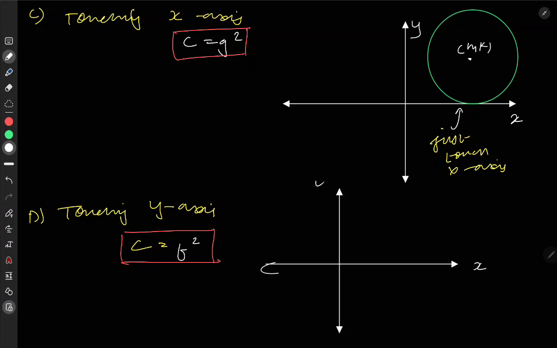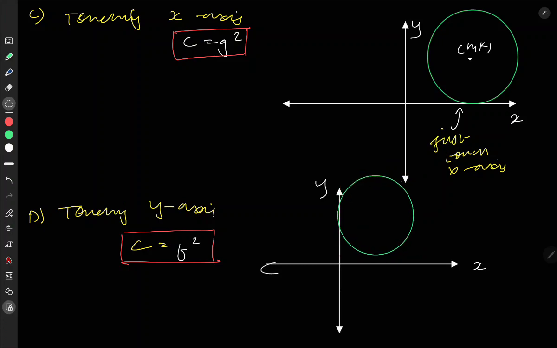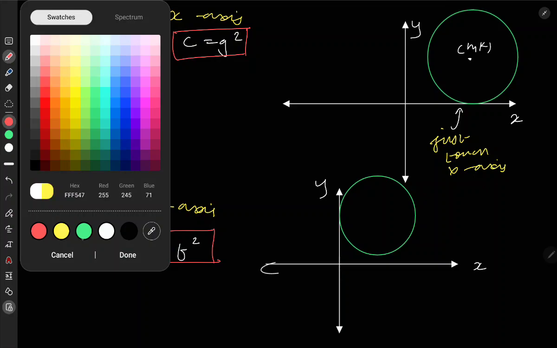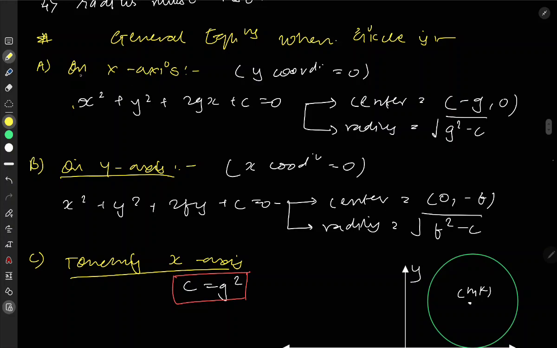So this is the x-axis, this is the y-axis, and oh sorry, it became an ellipse. I can't. So now this equation is just touching the y-axis. Let us draw it. Now it's correct. I'll indicate it like this. Just touching the x-axis, just touching the y-axis.